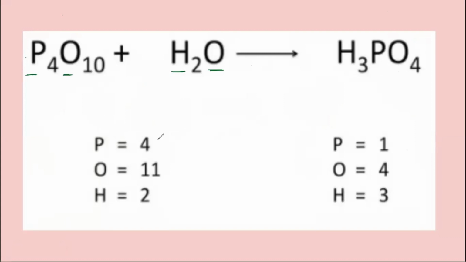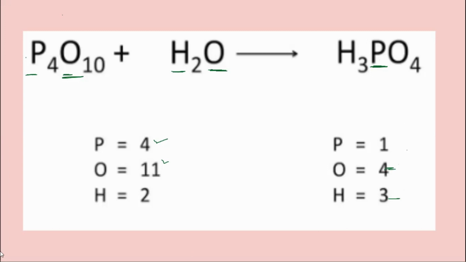On the reactant side, there are 4 phosphorus, 11 oxygen (10 and 1, 11), and 2 hydrogen. Whereas on the other side, there is only 1 phosphorus, 4 oxygen, and 3 hydrogen. They are not equal, so we have to make them equal.